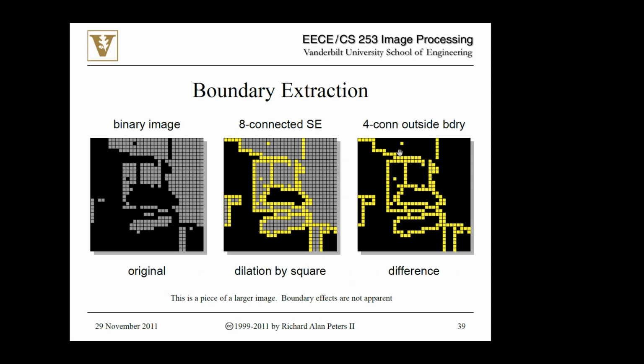The 4 connected means that every pixel in the boundary shares an edge with the nearby pixels. The 8 connected means that they can share edges or corners. So for instance here, they're only connected by a corner, but in the 4 connected, they're connected by edges.